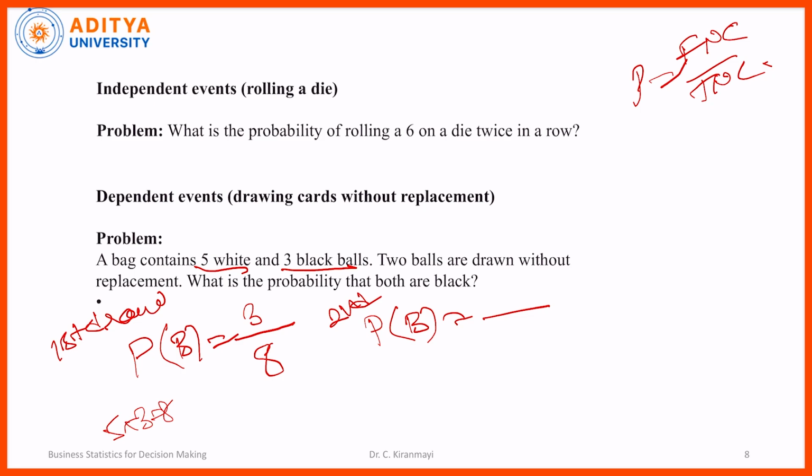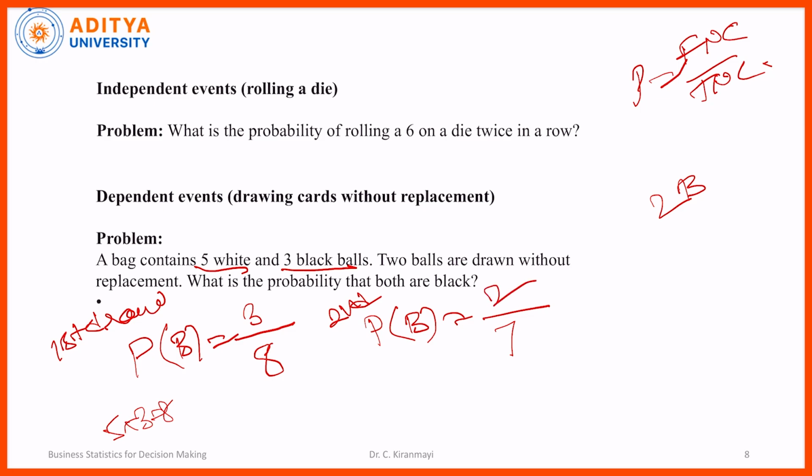In the first draw, imagine I have obtained a black ball. I have picked up one black ball and have not replaced it. Therefore, for the second draw only 7 balls remain. Out of 7, I have to pick another ball, and there are 2 black balls remaining. Therefore, the probability of getting a black ball in the second draw will be 2 by 7.